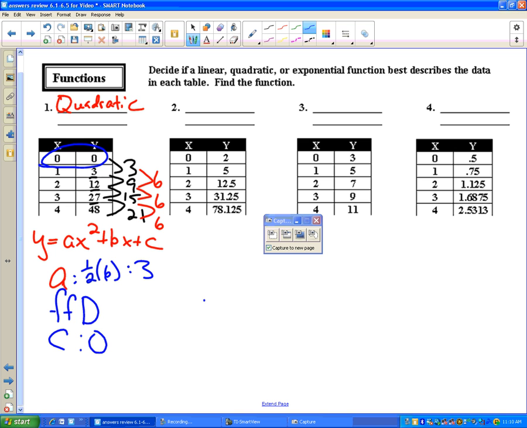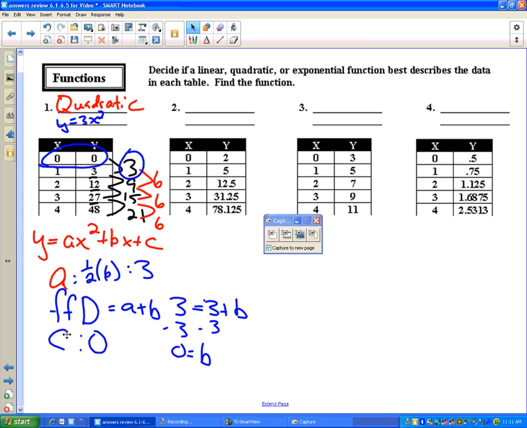My first difference is equal to A plus B. My first difference is 3. So 3 is equal to A, which is 3, plus B. Subtract 3 from both sides. 0 is equal to B. So my equation is y equals 3x squared plus 0x plus 0. So y equals 3x squared is my answer.